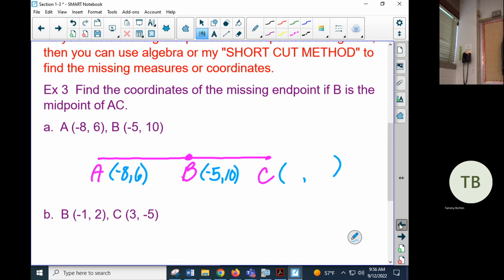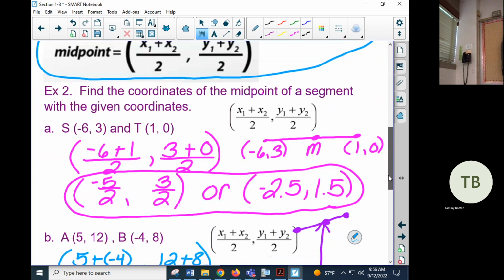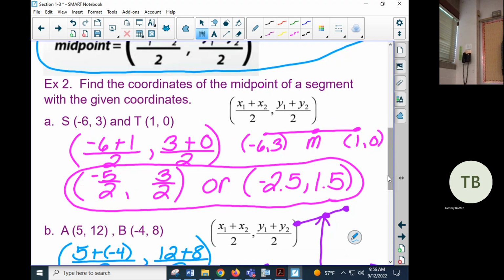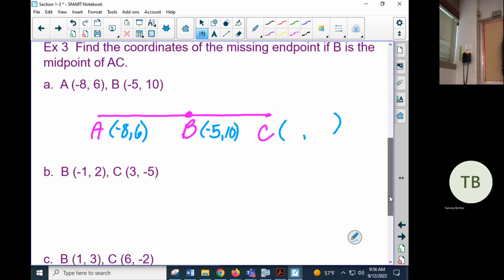Back here, we knew the endpoints and we were finding the midpoint. That's when we used the midpoint formula. When we know the midpoint and we're looking for either endpoint, this is where I call it the shortcut method. I could show you this two ways. One is you could do two separate little algebra equations.